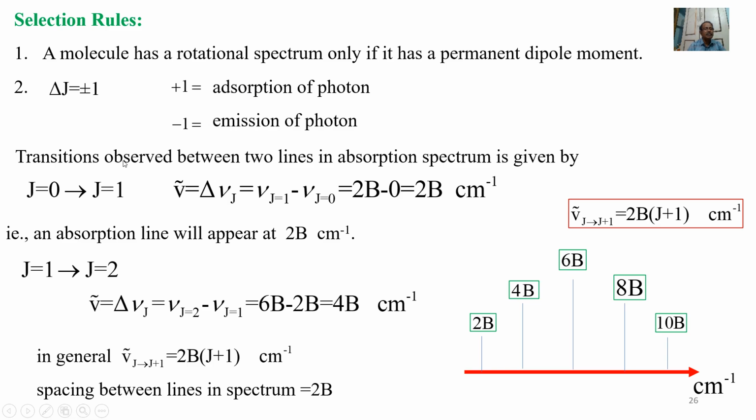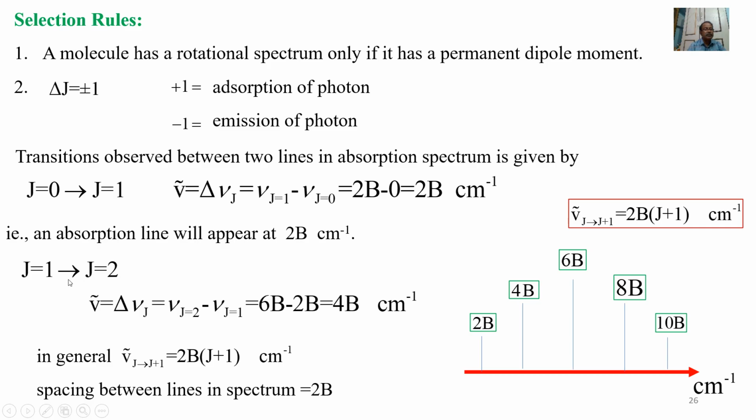Transitions observed between two lines in the absorption spectrum: when j equals 0 to j equals 1, we can get del nu j, which is equal to nu j equals 1 minus nu j equals 0, which is equal to 2B minus 0, which is nothing but 2B. The unit will be centimeter power minus 1. An absorption line will appear at 2B centimeter power minus 1.